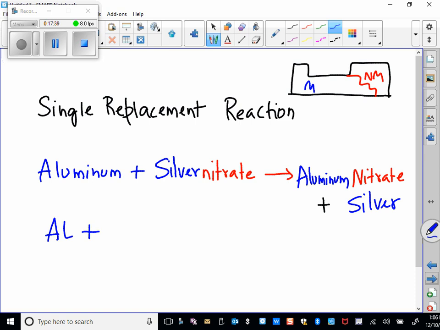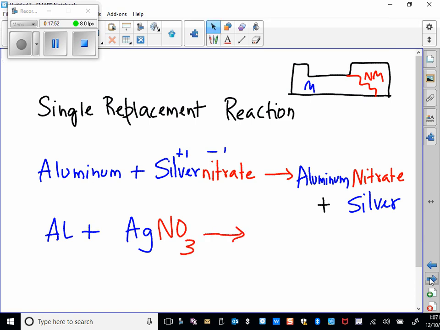Silver is a +1 and nitrate is a -1. So it's going to be AgNO3, giving you what? What is the formula for aluminum nitrate?